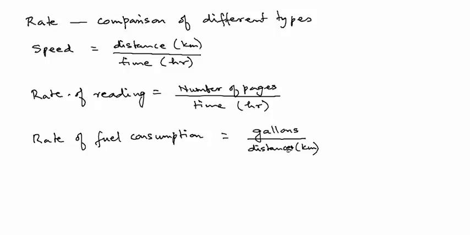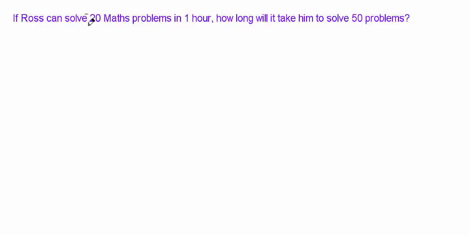Let's look at an example. If Ross can solve 20 maths problems in 1 hour, how long will it take him to solve 50 problems?